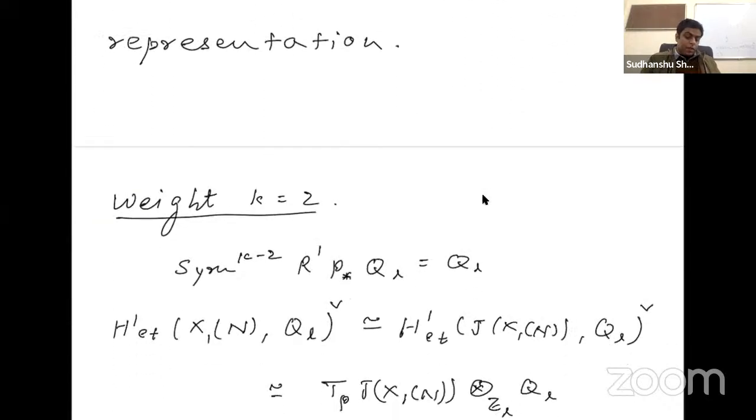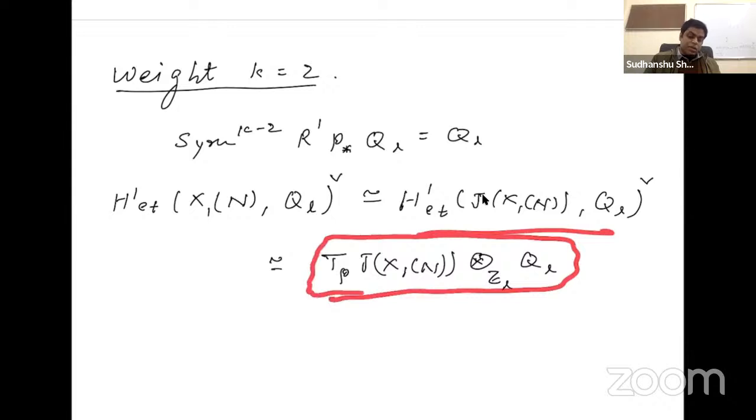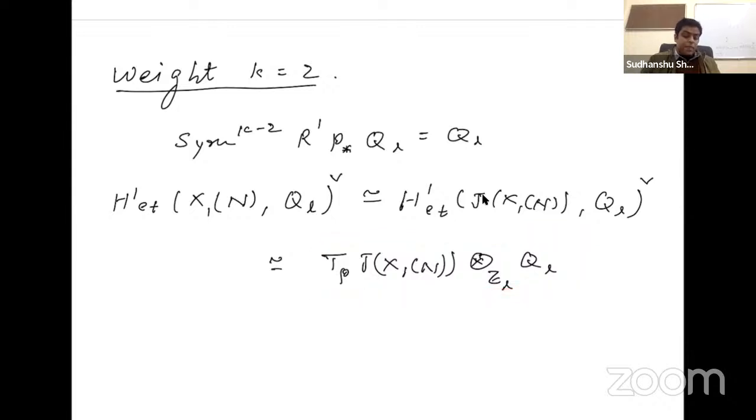Now at weight 2, how do we see it? It is the representation coming from the Jacobian of modular curves. It's coming from this isomorphism between the cohomology group of X1N and its Jacobian, whose dual is isomorphic to the Tate module of the Jacobian twisted by QL.